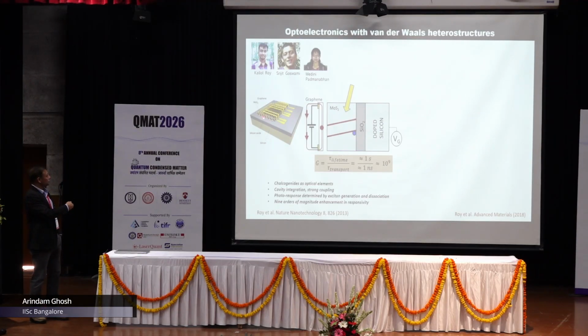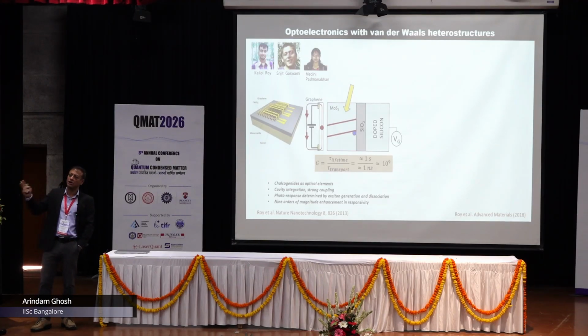Say if you put MoS2, which is a semiconductor, and graphene together, and I shine light on it, the molybdenum disulfide essentially absorbs the light and sends the electron into graphene, and it continues to conduct electricity for a very long time. So this kind of became a paradigm shift as far as optoelectronics is concerned, because this electron and this hole don't recombine for many, many seconds, for example.